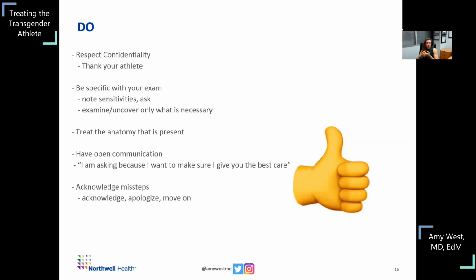And lastly, acknowledge it if you say something that you think is offensive or something incorrect. Just say, "Okay, I think I may have said something that was offensive. I apologize about that. Let me know if I do it again." And just move on. Let's not be awkward about it. Let's just acknowledge that you messed up and move on, because I think it's a learning process for everybody, right?